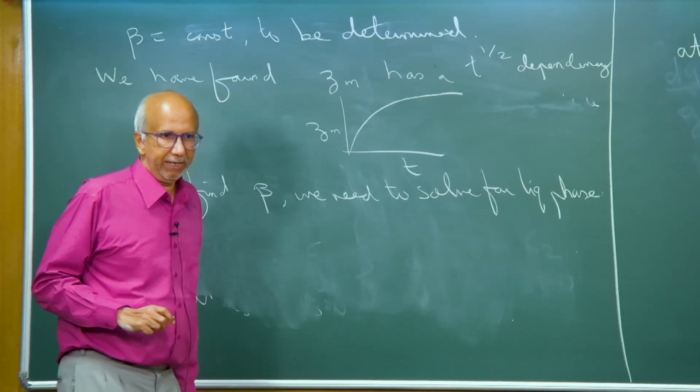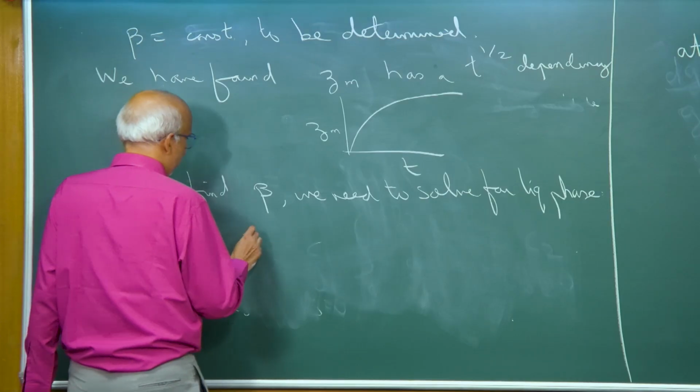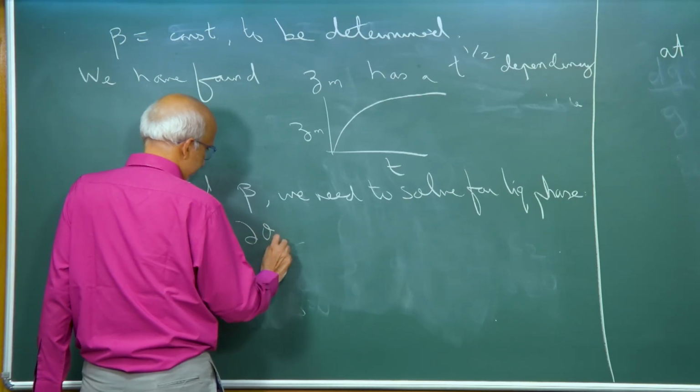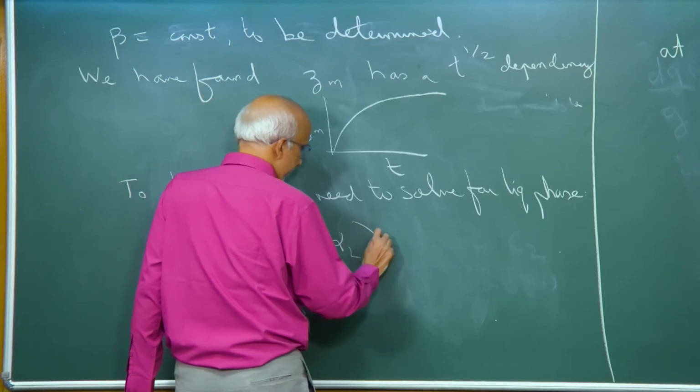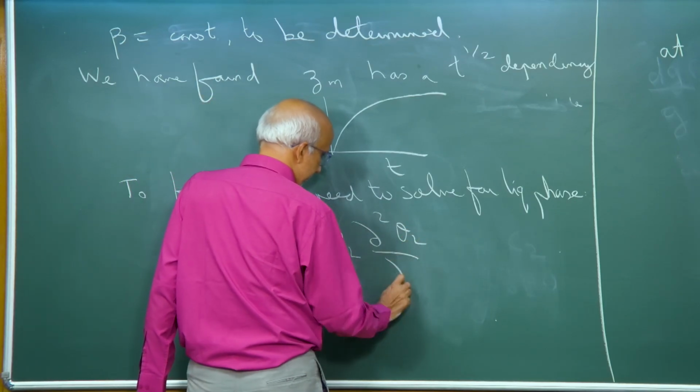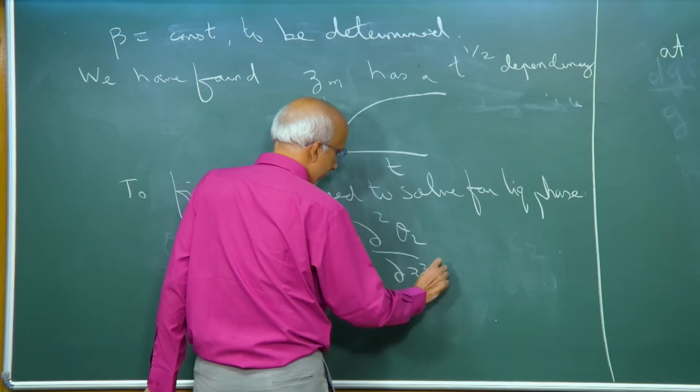Again, the equation which we wrote was d theta L by dt equals alpha L d squared theta L by d z squared.